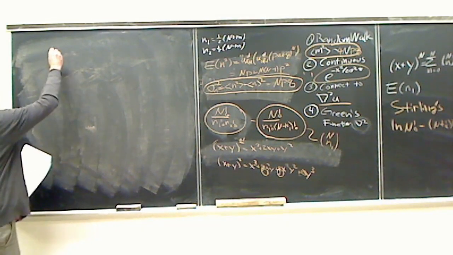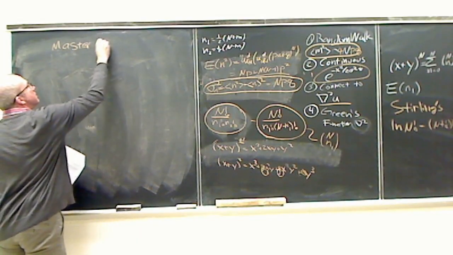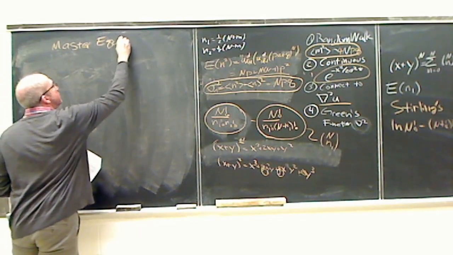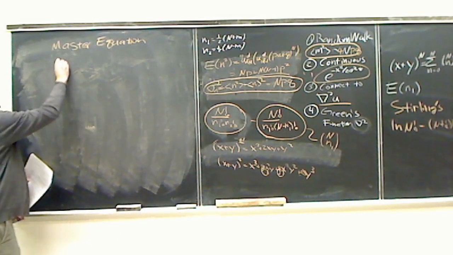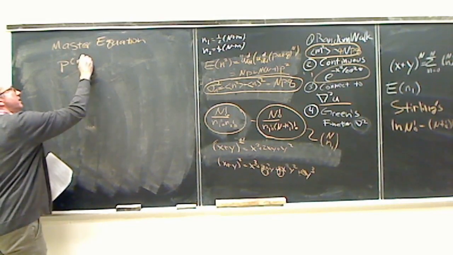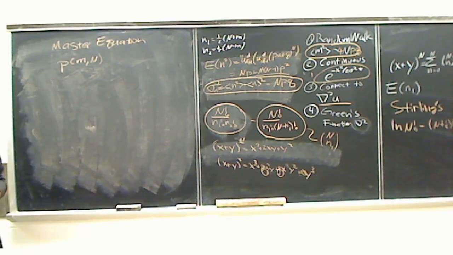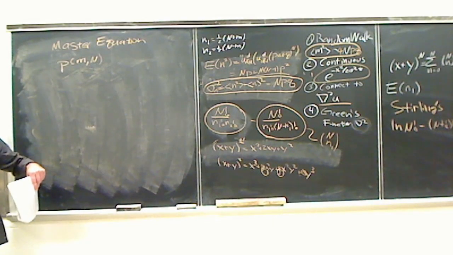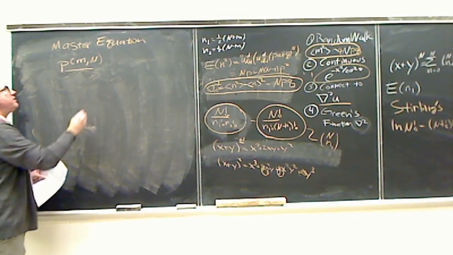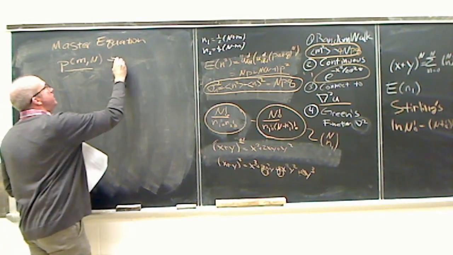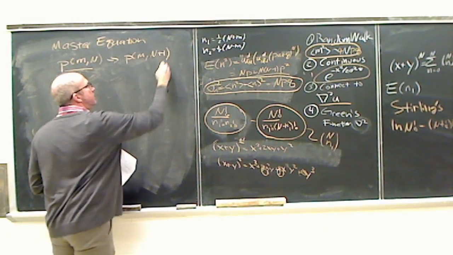So we want to find out how P of m, n evolves with time. So given that I have this, what is P of m, n plus 1?